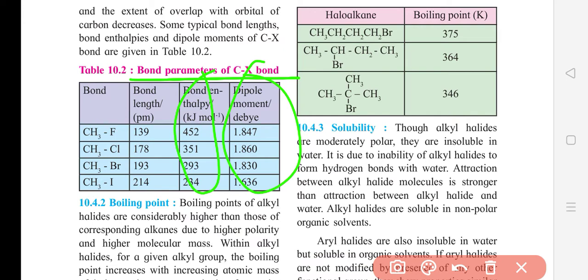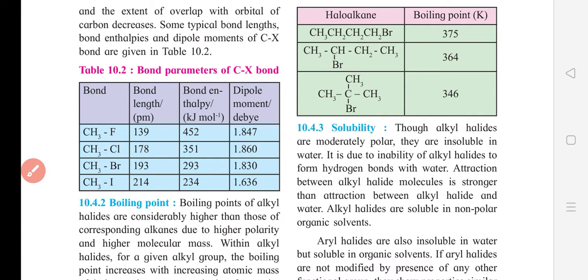These halogens are more electronegative, and carbon has a partial positive charge, so alkyl halides will be polar compounds, and the size of the halogen atom increases. Okay, so this is about the bond parameters.